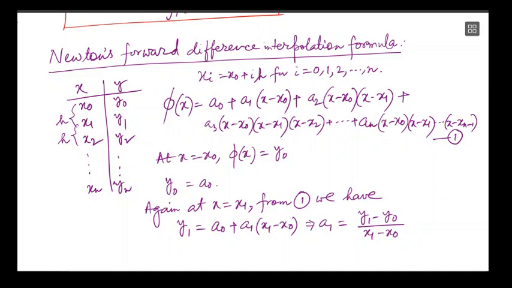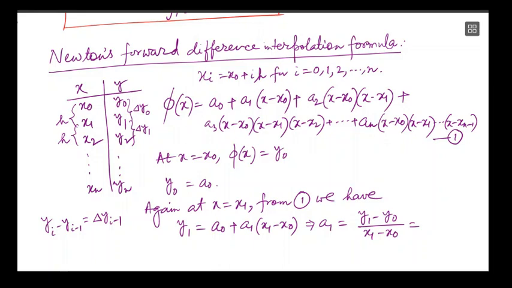And we know x1 minus x0 is h, and this difference y1 minus y0 is called the forward difference of first order and is denoted by delta y0. Similarly, y2 minus y1 will be denoted by delta y1, and in general yi minus yi minus 1 is denoted by delta yi minus 1. We can also have differences of higher orders.